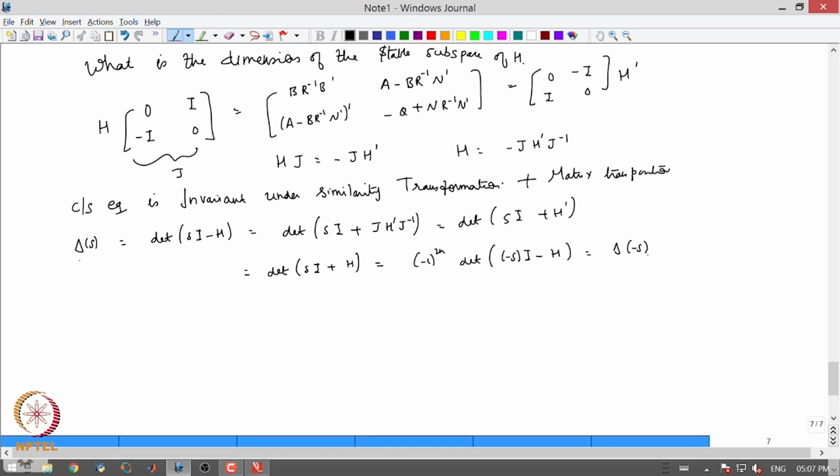Okay. So, delta of s is equal to delta of minus s, which shows, what does this mean? This means that if some lambda is an eigenvalue of H, then minus lambda is also an eigenvalue, and moreover it is of the same multiplicity.